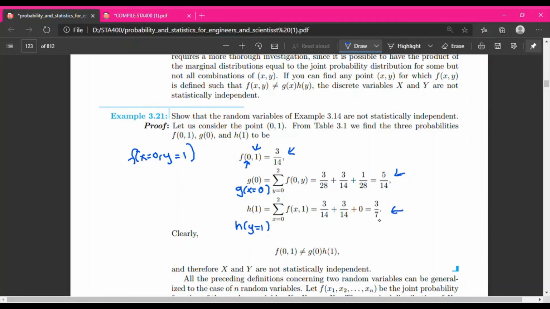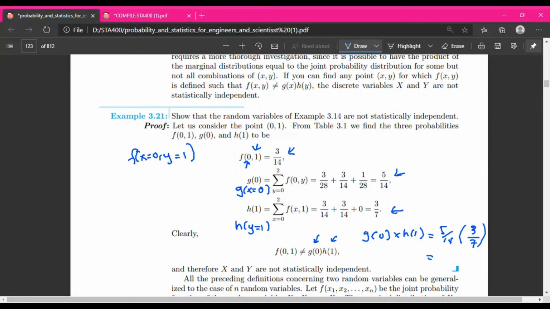So how to check this? Just check whether the marginal x equal to 0 multiplied by the marginal y equal to 1 equals the joint function when x equal to 0, y equal to 1. So you multiply these two, g0 multiply h1, which is 5/14 multiply 3/7.